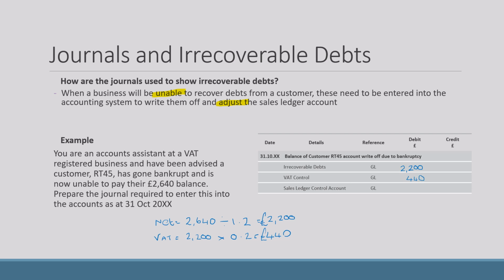And then our sales ledger control account holds all of the money that that customer owes us, so we're going to credit that in total, and that balances off the journal. Don't forget as well, you will have your subsidiary account for RT45, and you'll also need to credit that as well, because that doesn't form part of the double entry bookkeeping, but you will need to remember to do that part of it as well.